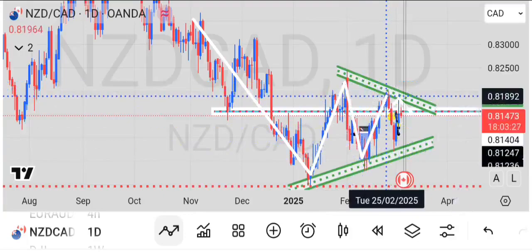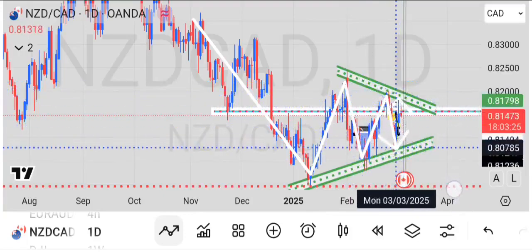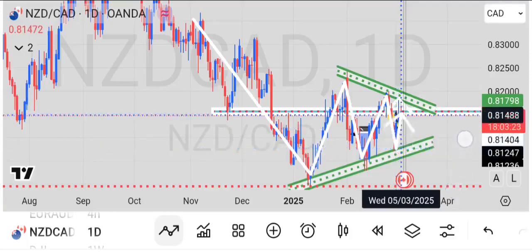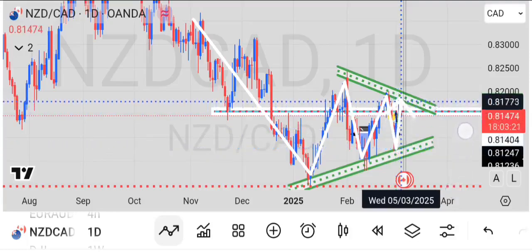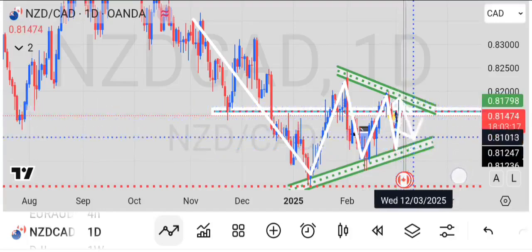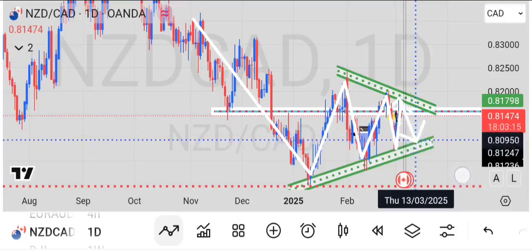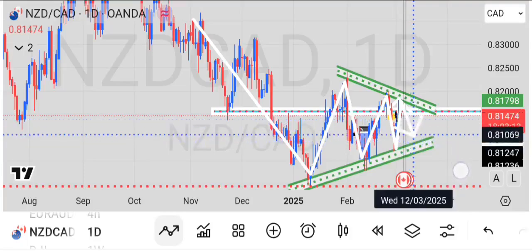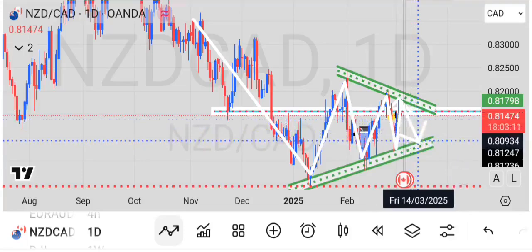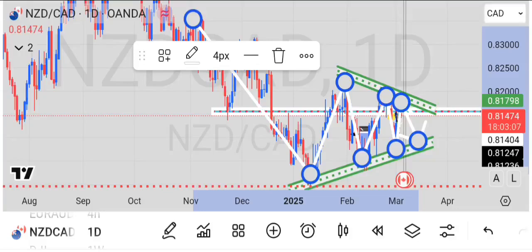Lower high, lower low, lower high, and higher low, lower high and higher low.